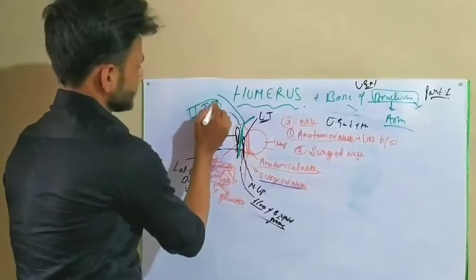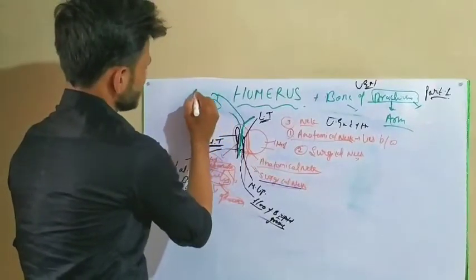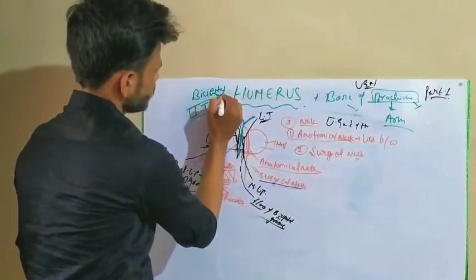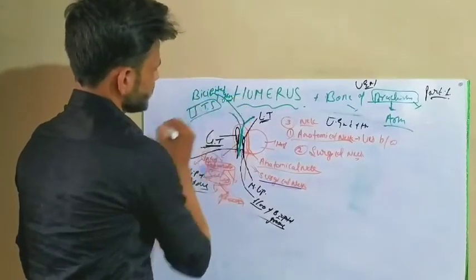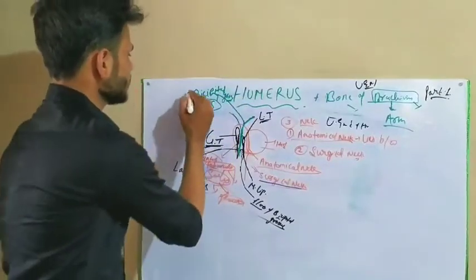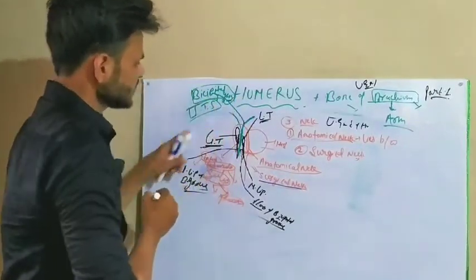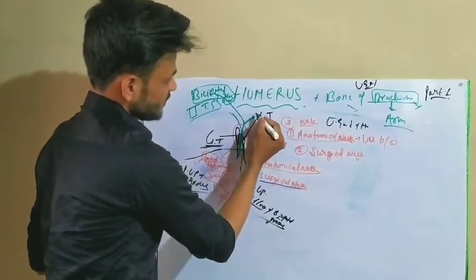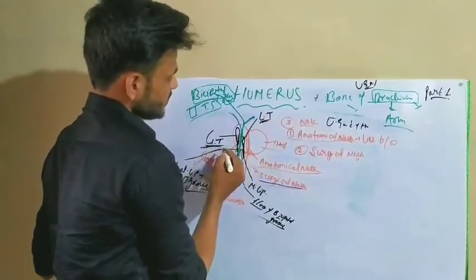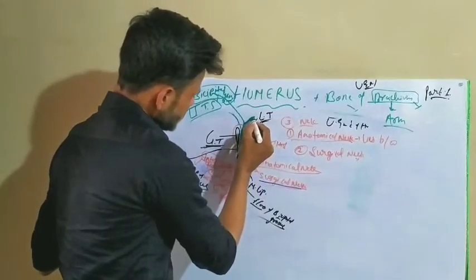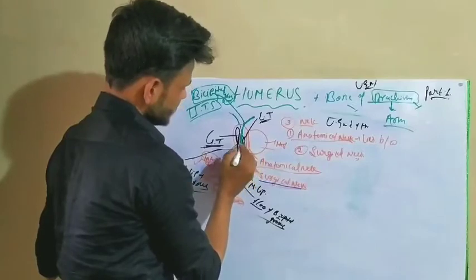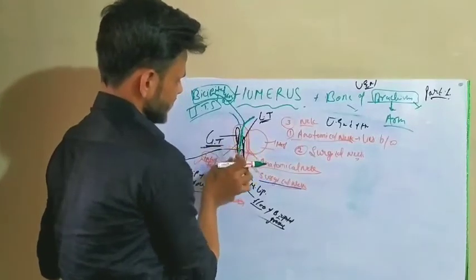The intertubercular sulcus is also called the bicipital groove. Why is it called the bicipital groove? Because the long head of the biceps originates from the supraglenoid tubercle and passes through the intertubercular sulcus.